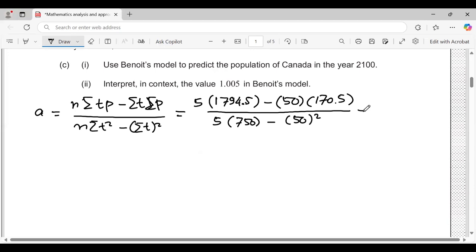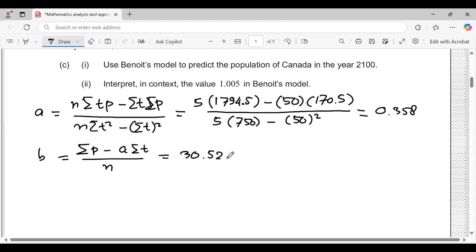And if you calculate, the result would be 0.358. While B, the formula is sigma P minus A sigma T, divided by n. So if you substitute the information into this formula, the result is 30.52. This one.